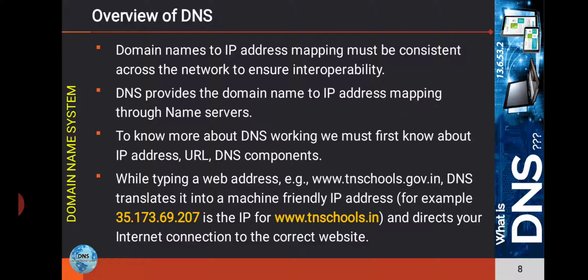In this chapter we are going to see what DNS is, what a domain name is, what a name server is, what a URL is, and what IP addresses are. Throughout this chapter we are going to learn all about this.